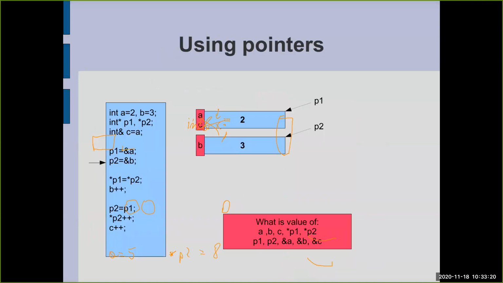Okay, so now I'd like to verify whether you understand how pointers work. It seems to be a quite academic example, because you may think, what's going on? Why should I use pointers?